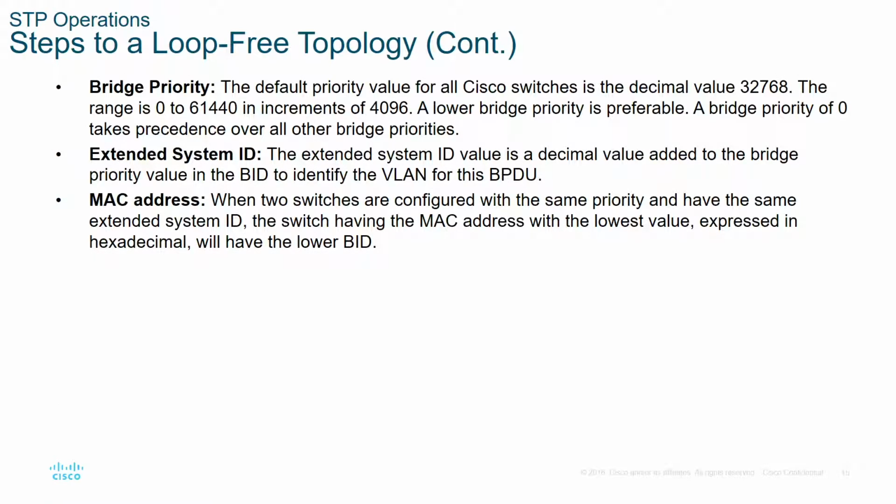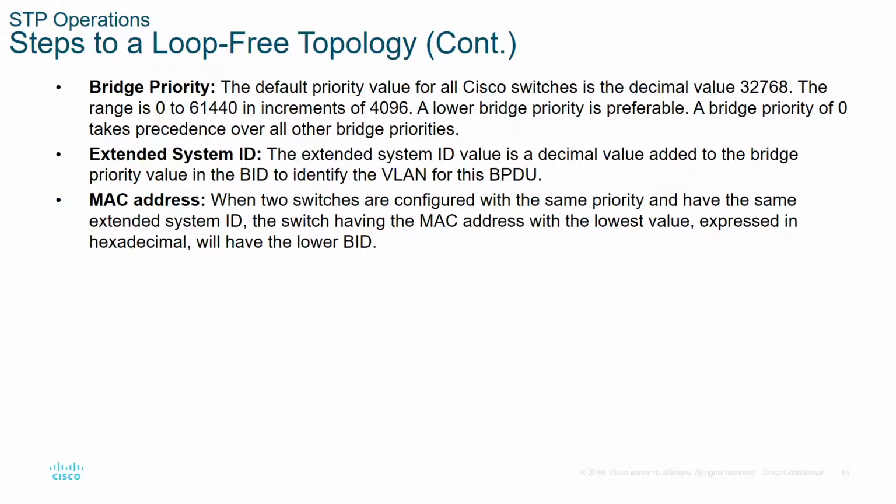So the bridge priority: the default priority value for all Cisco switches is the decimal value of 32,768. The range is 0 to 61,440 in increments of 4,096. A lower bridge priority is preferable. A bridge priority of 0 takes precedence over all other bridge priorities.